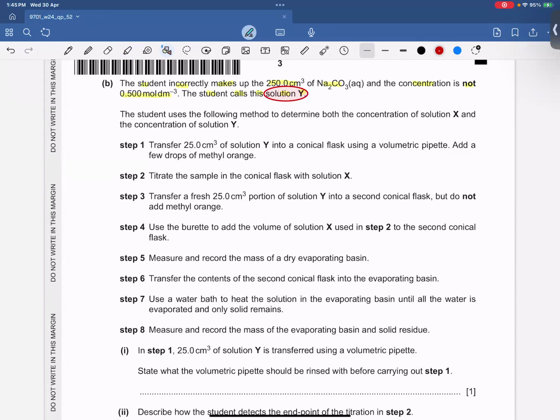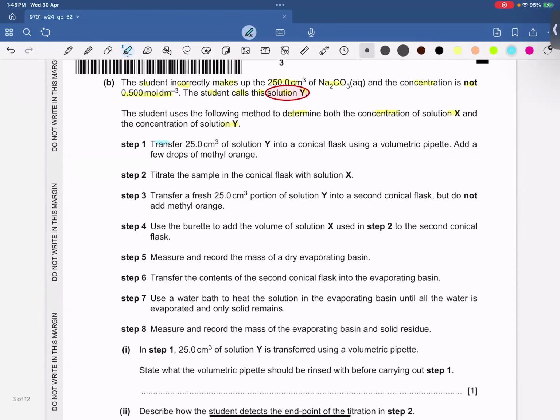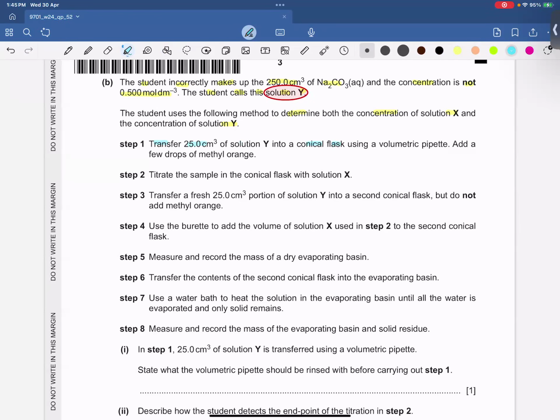Now the student uses the following method to determine both the concentration of solution X and solution Y. Transfer 25 cm³ of solution Y into the conical flask using a volumetric pipette. That's a very straightforward statement, and few drops of methyl orange indicator.